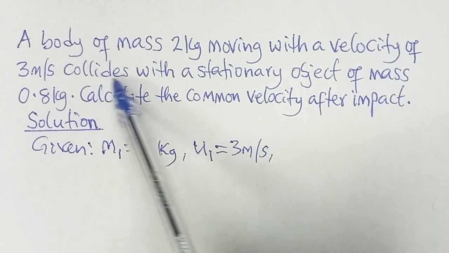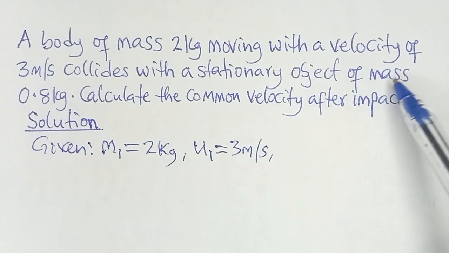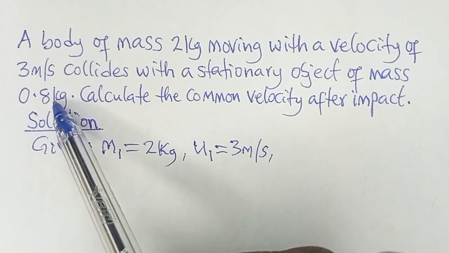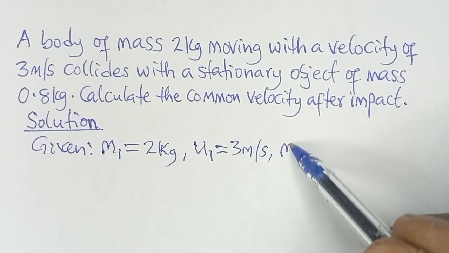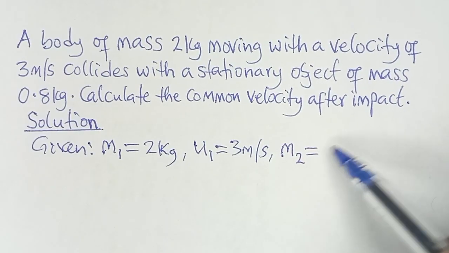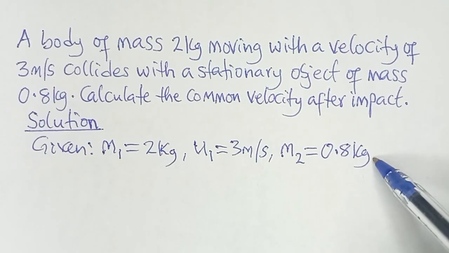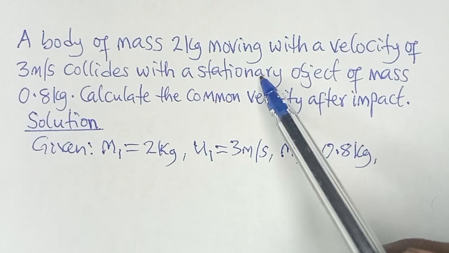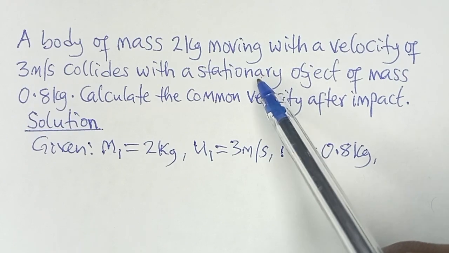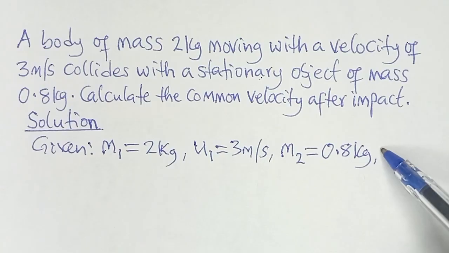And then we are told that it collides with a stationary object of mass 0.8 kg. So the second mass, I'll call it M2, is equal to 0.8 kg. Because the second object is stationary, it means it is not moving, so it has no velocity.